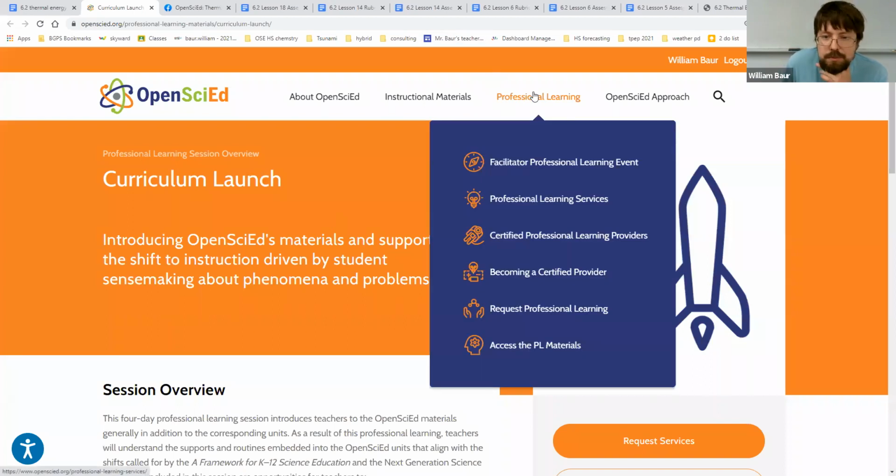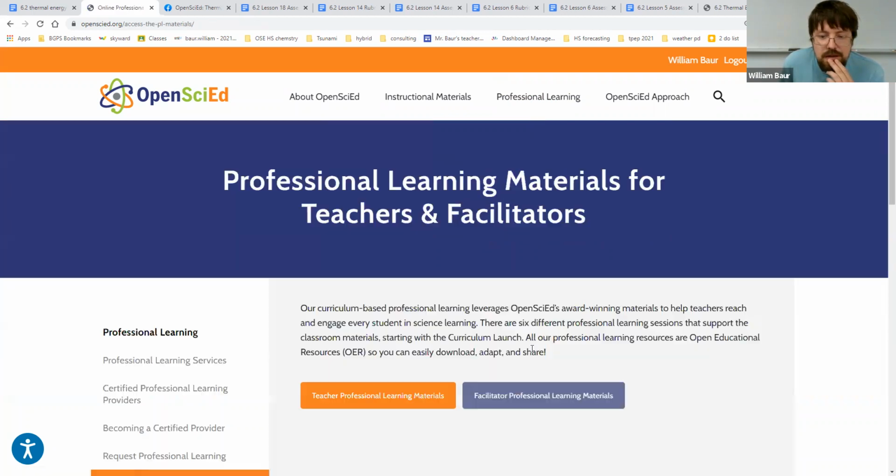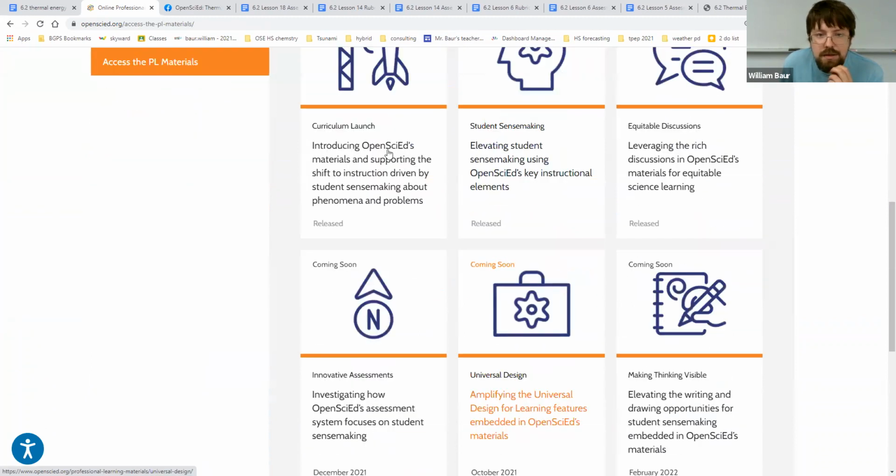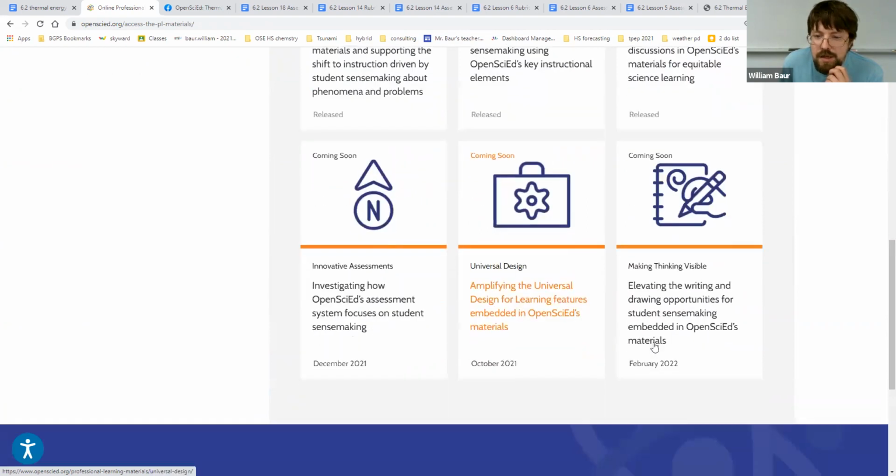If you go to professional learning, there are a bunch of materials, some of which I pulled, that talk about how to have good discussions, universal design for learning.